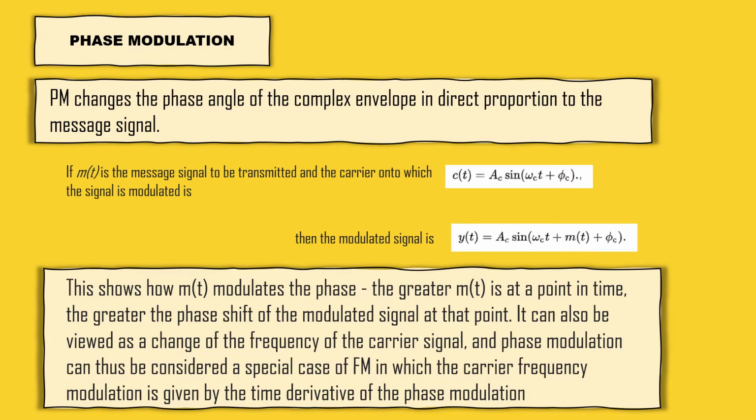Next principle is phase modulation. Phase modulation changes the phase angle of the complex envelope in direct proportion to the message signal.